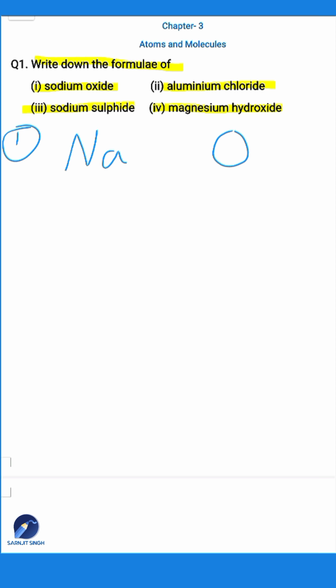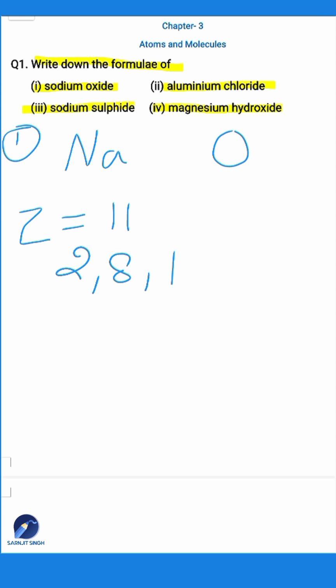Sodium has Z equal to 11, and its electronic configuration is 2, 8, 1. That means in the first shell 2 electrons are there, in the second shell 8, and in the last shell 1 electron.